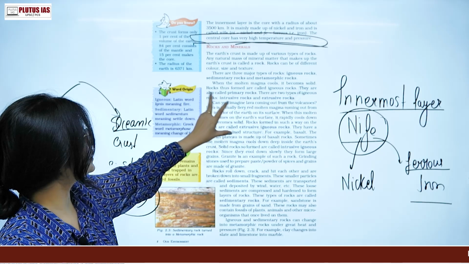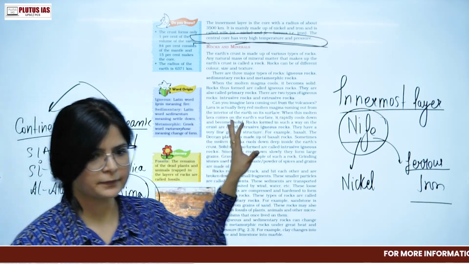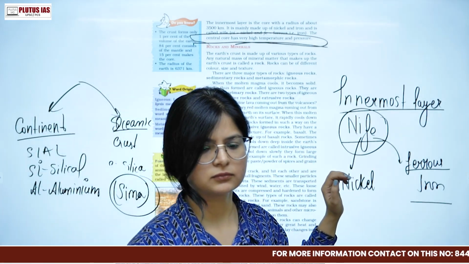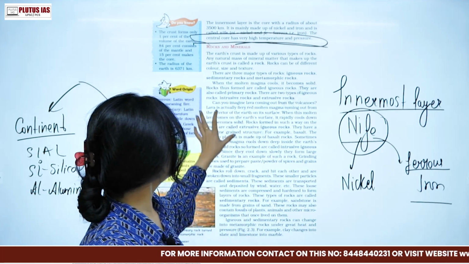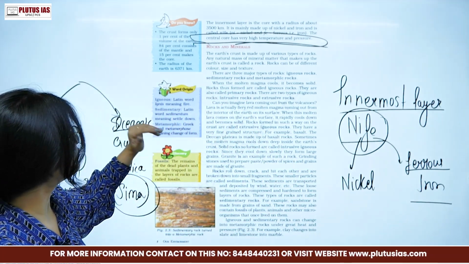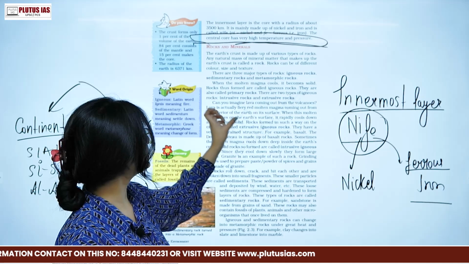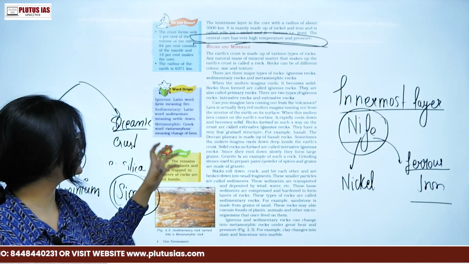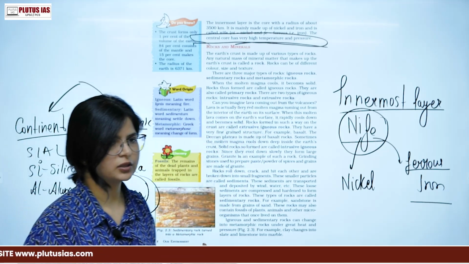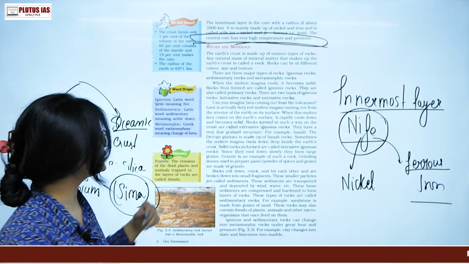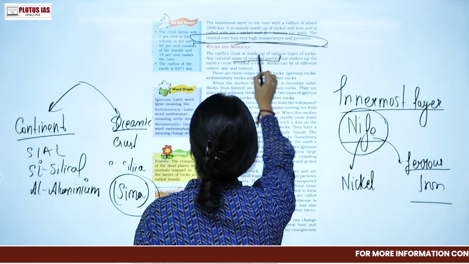The earth's crust is made up of various types of rocks. Any natural mass of mineral matter that makes up the earth's crust is called a rock. So rock is made up of mineral matter.